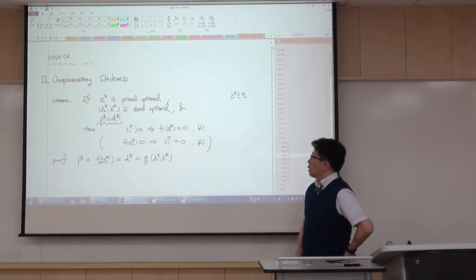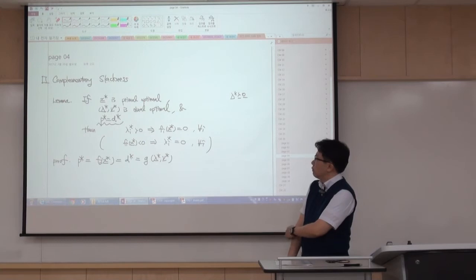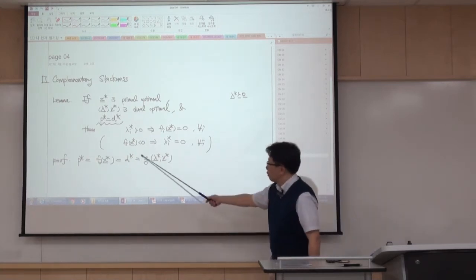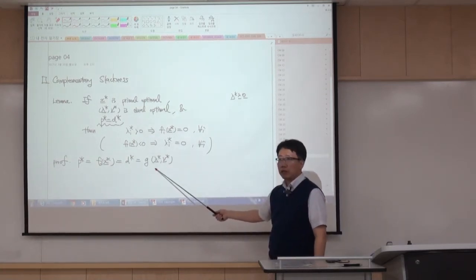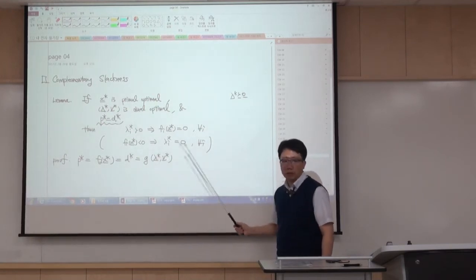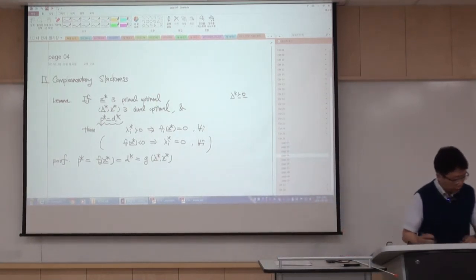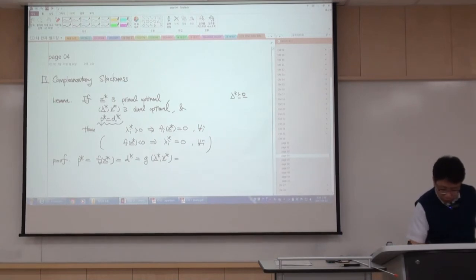Now, we use the definition of this Lagrange dual function. What is that? That is the infimum of something, right? So, let me write it down like this. This equals the infimum over x in D of f0 of x plus lambda star transpose f of x plus nu star transpose h of x.